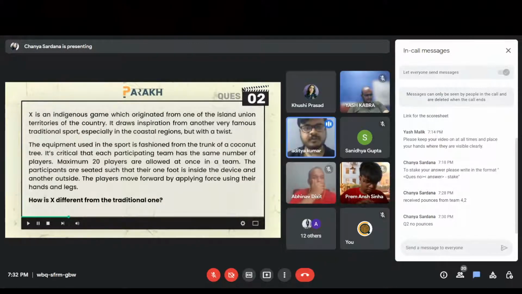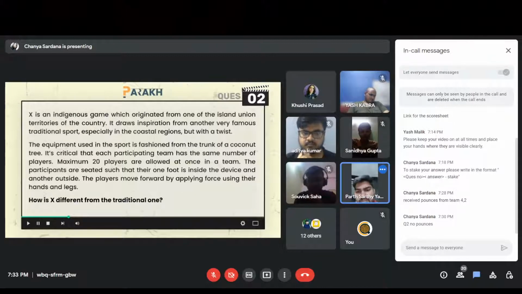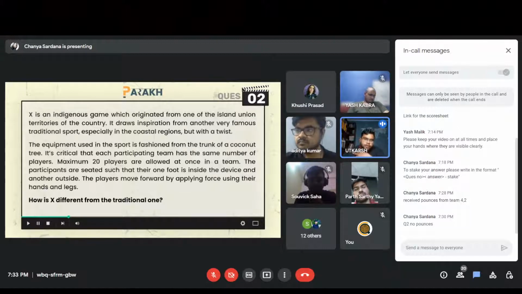In the coastal region games, they use snake boats, and in this X, they do use normal boats and use their legs to go ahead instead of rowers. Team 7. No guesses. Team 8. We'll pass. No guesses. Team 1. Yeah, a similar guess, that instead of boats they use coconut trunk as a boat only, as it floats on water.